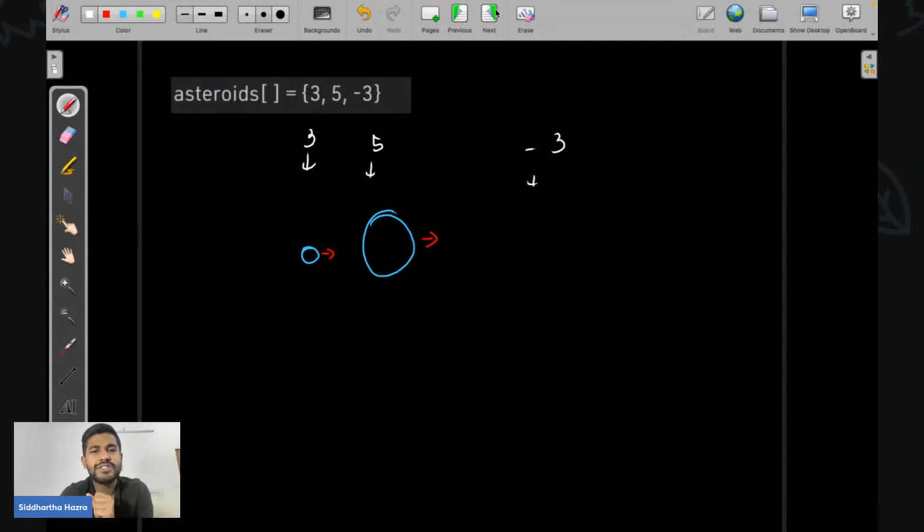So now this question is, to be honest, a very simple one. Why would I say this? Suppose there are two kinds of asteroids. The first is moving on the right hand side. The next one is moving on the left hand side. Only two kinds of asteroids.